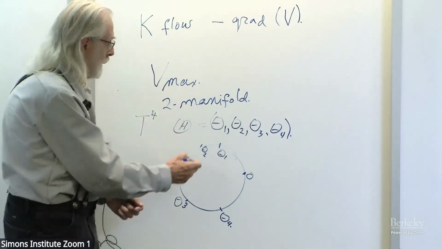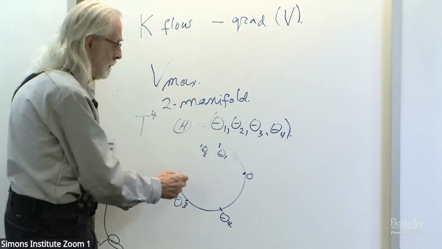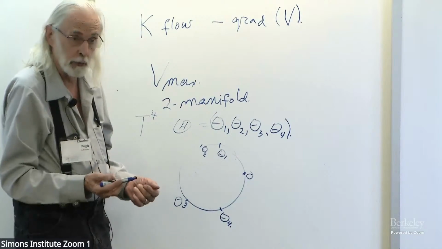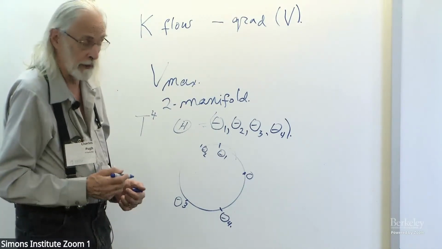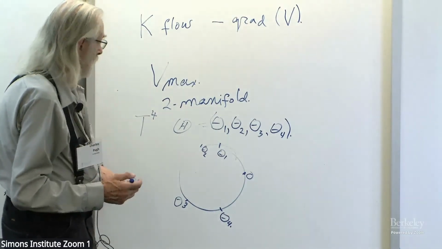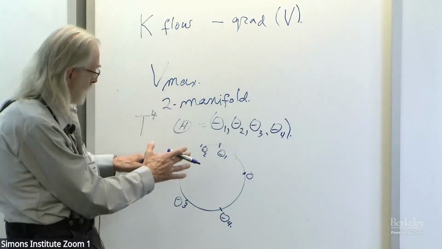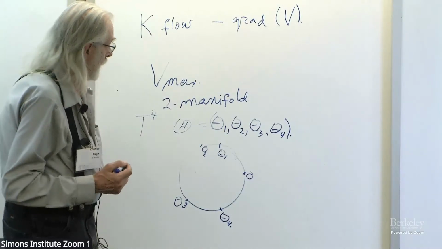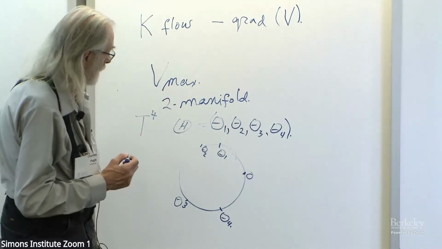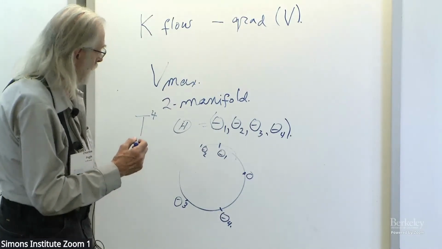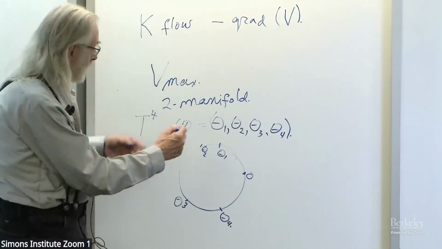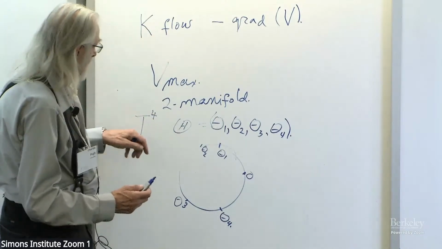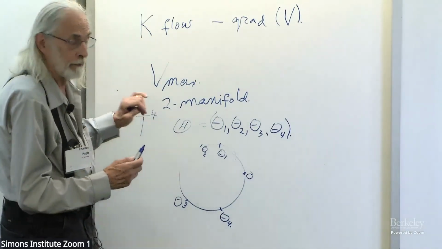For instance, if they're equally spaced, then you're at a point in Vmax. But there are other situations where you're also in Vmax. So that's a description of Vmax in terms of a picture. And as I said, with the implicit function theorem, you can see that this Vmax set is actually a two-manifold.